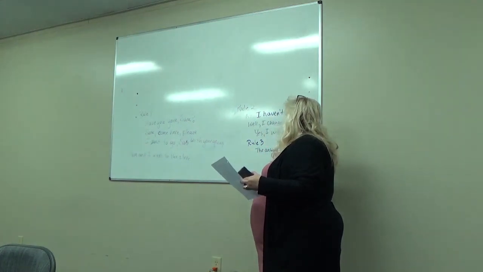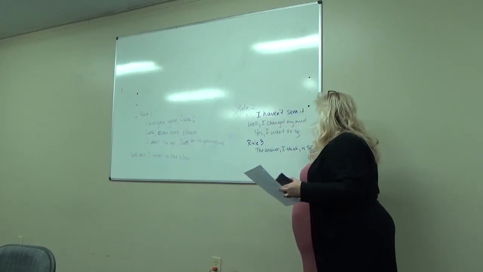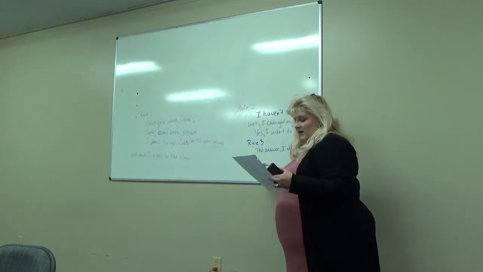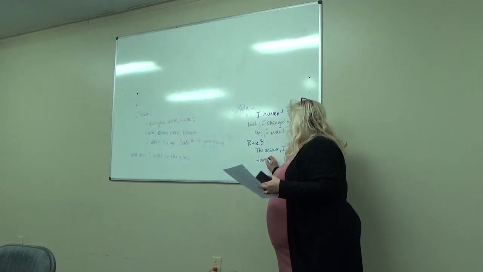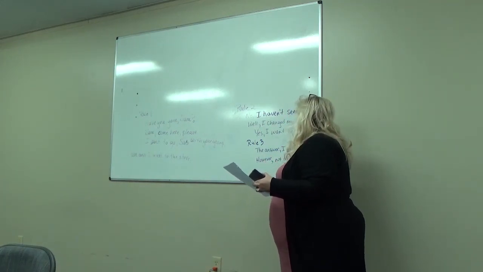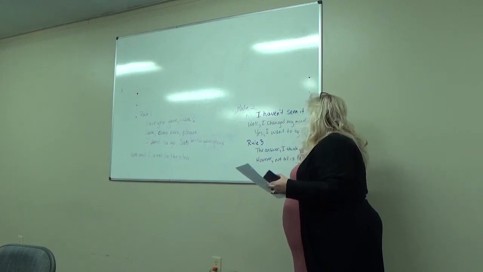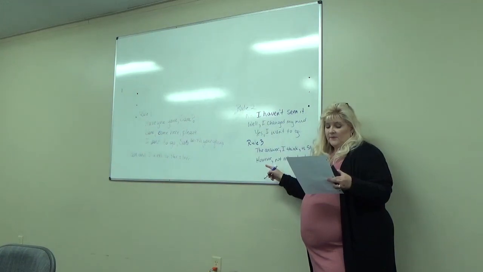The answer, I think, is 54. Okay? Or if you say like, however, not all is lost. So there are those words that tend to interrupt the train of thought.